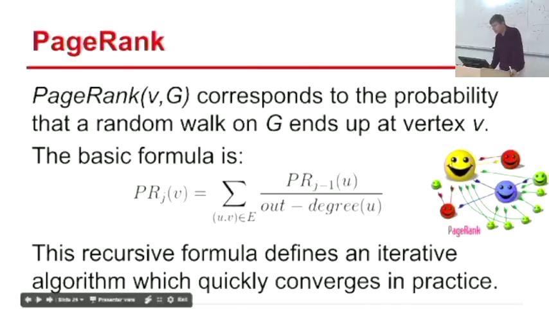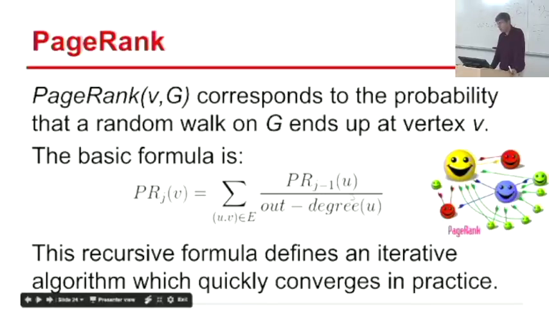But the truth is, there's a question of interpretation. PageRank is really computed by this formula. What is PageRank? It is a function that gives the PageRank of vertex V at time j, and it's computed by an iterative algorithm.